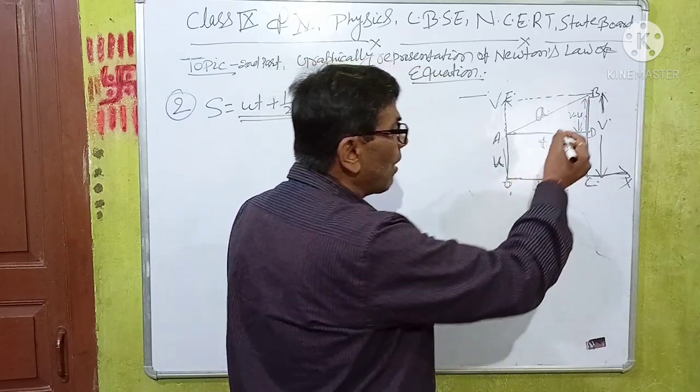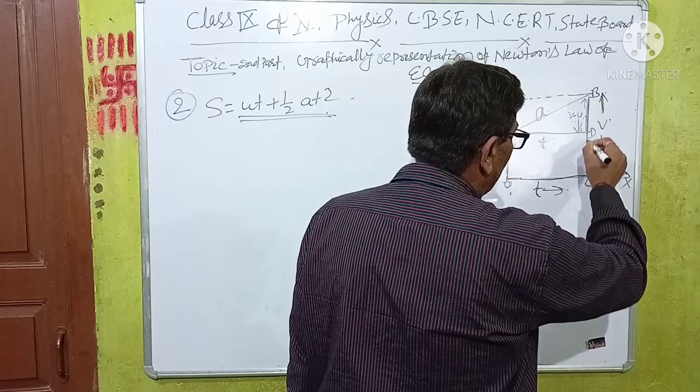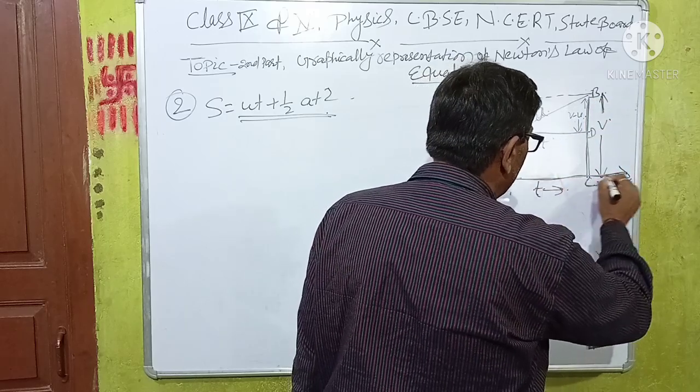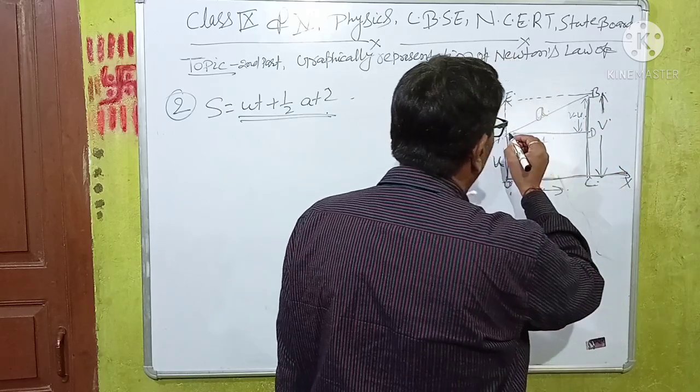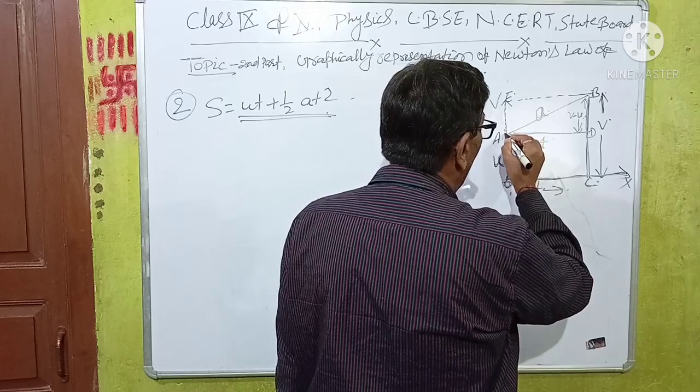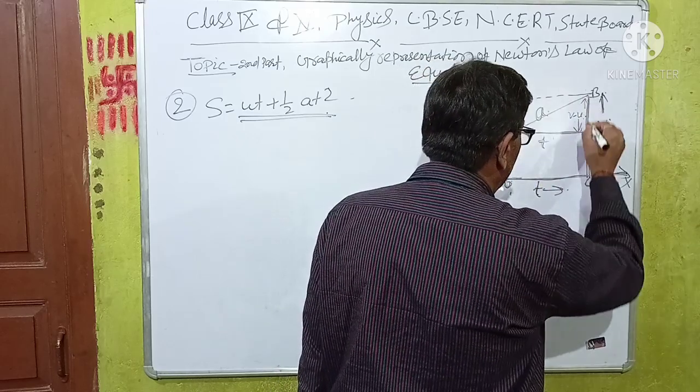Then we draw a perpendicular line BC on the time axis, and a perpendicular line from A to D on BC.